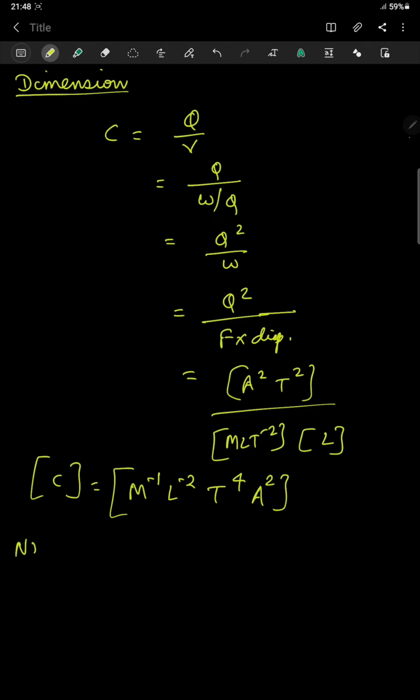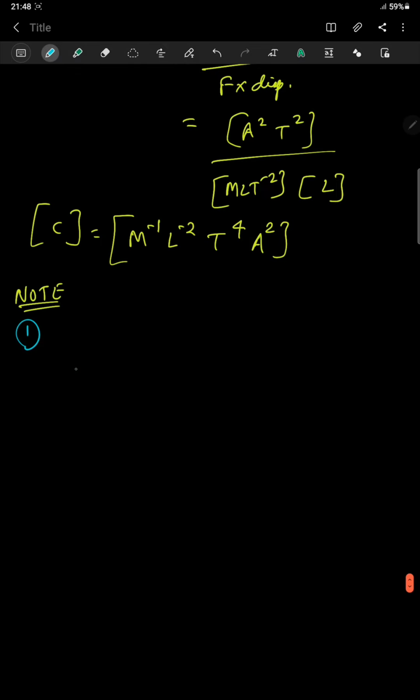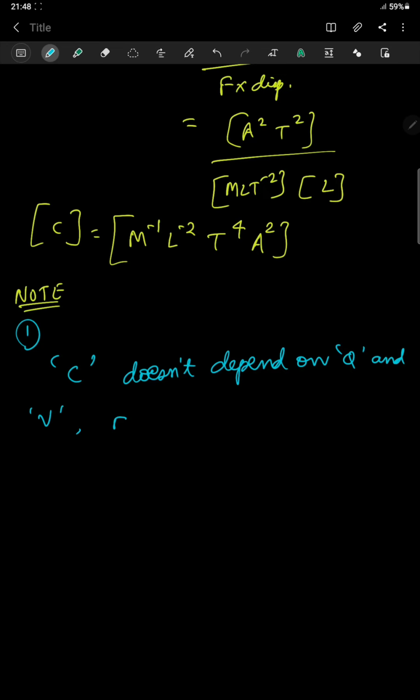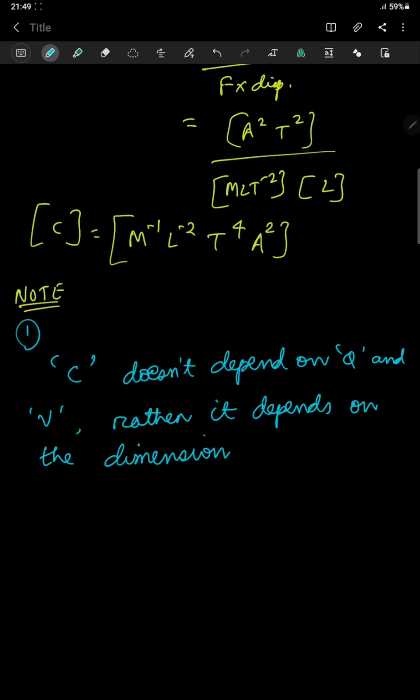Then there are a few points which are noteworthy for capacitance. Okay, the first point is that capacitance C doesn't depend on Q and V. Rather, it depends on the dimension of the system.